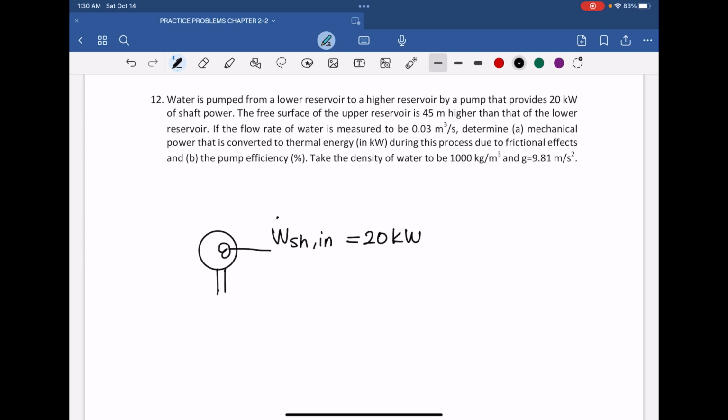It gets power in and it changes the mechanical energy of the fluid. The free surface of the upper reservoir is 45 meter higher than that of the lower reservoir. They say the volumetric flow rate is 0.03.